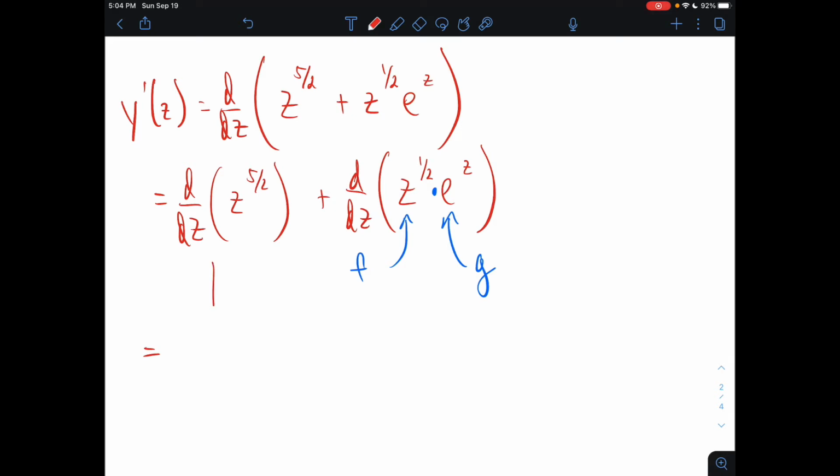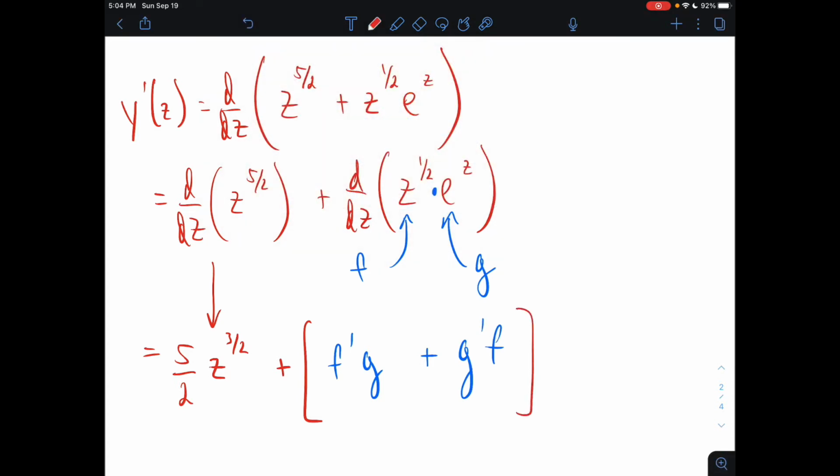Continuing with the first part, again, we just need the power rule here, which means drop the power 5/2 down as a coefficient, and then that gets multiplied by z, now raised to 5/2 minus 1, which is 5/2 minus 2/2, or 3/2 power. So that finishes that part. But then the next part, I'm going to just remind us that this will be f prime g plus g prime f.